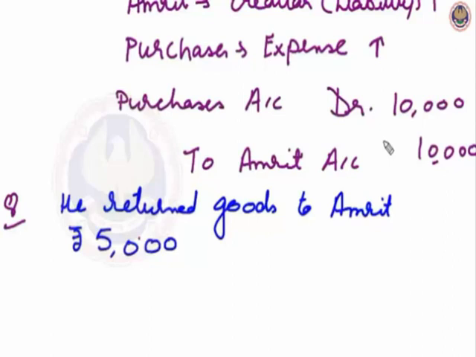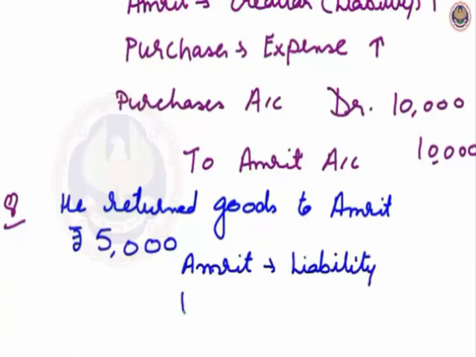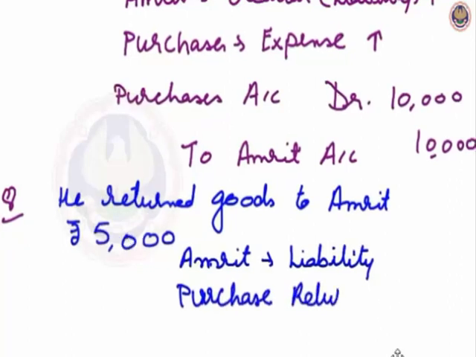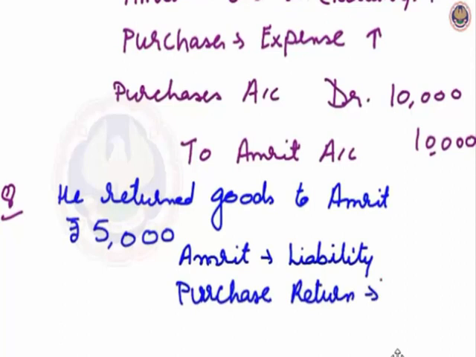So two things are involved. First is Amrit, is a liability, and other thing is when goods are returned, so it is a purchase return. Purchase return is an expense.